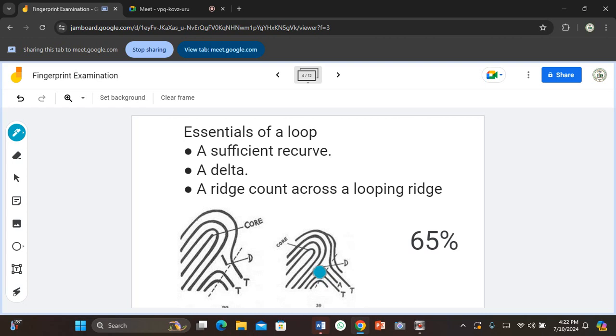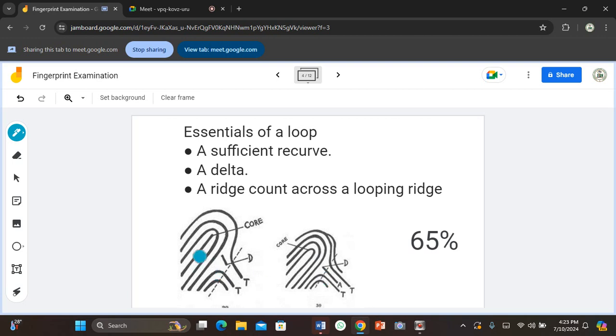Now, in this figure, this is the delta. Then we start counting from here. 1, 2, 3. So our ridge count here is 3.